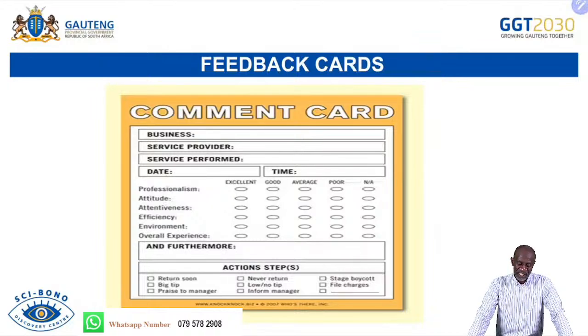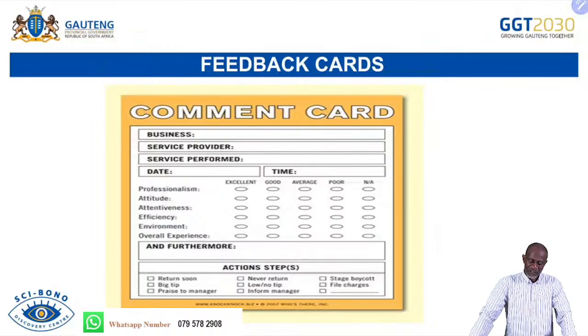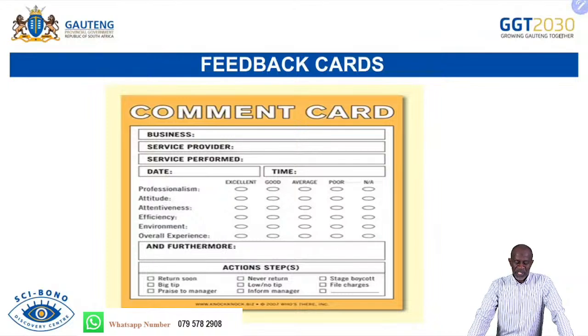The efficiency: how was the service delivered to you? And the environment. The environment speaks to the place, the cleanliness, the services and product served in a clean, inviting environment, and you are also asked to express your overall experience.